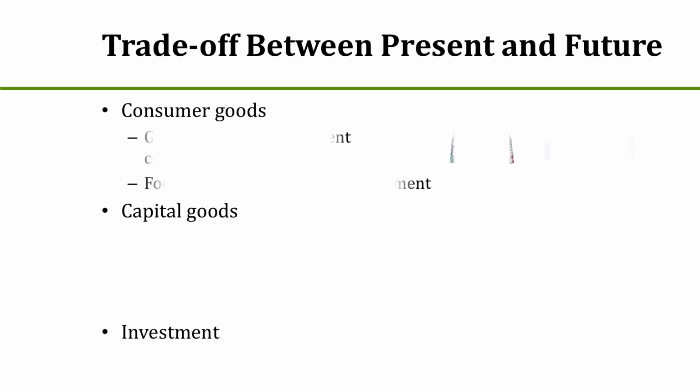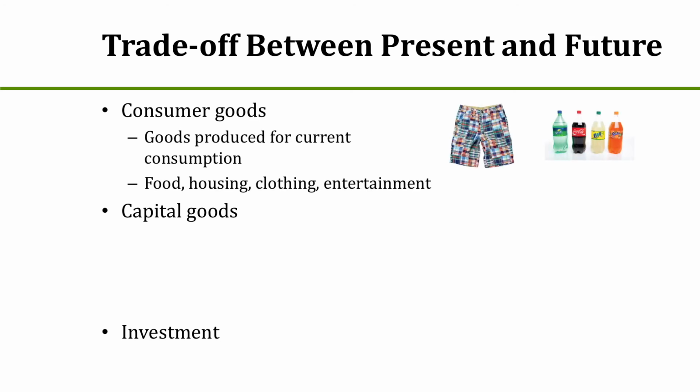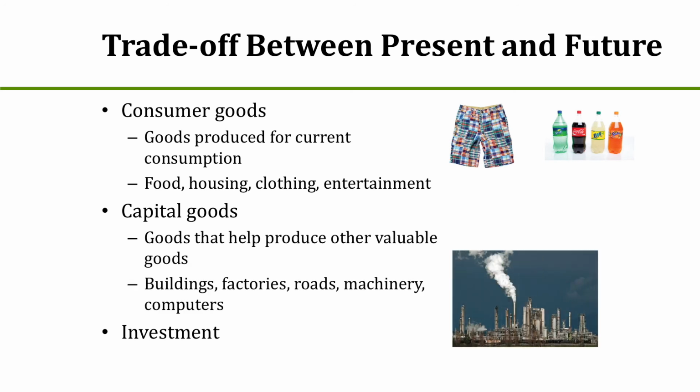Let's start with consumer goods. When I say consumer goods, you need to understand goods produced for current consumption. They might be food, housing, clothing, entertainment. The capital goods are goods that help produce other valuable goods.